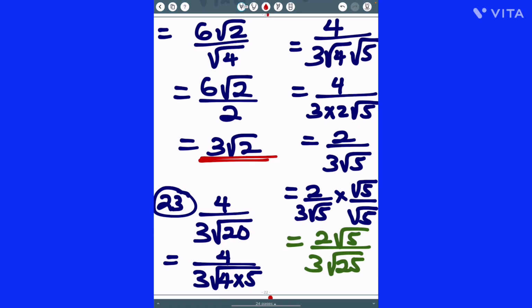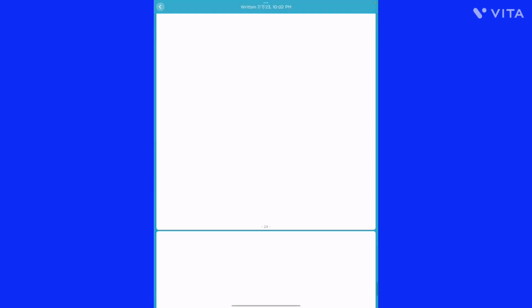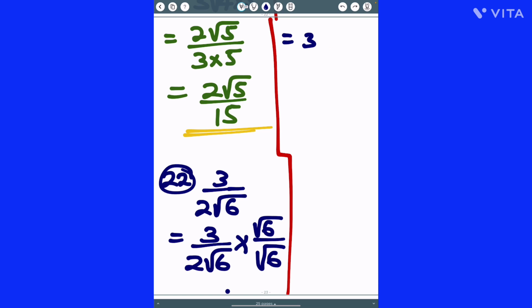I'm sorry, I keep forgetting that. So, this gives me what? This gives me 3 times root 6, which I can easily write as 3 root 6. Let me not make things too long. 3 root 6. Then this is 2 times root 6 times 6.